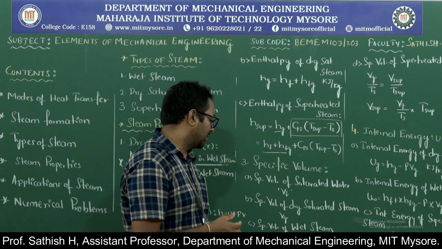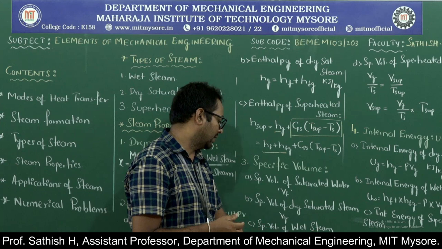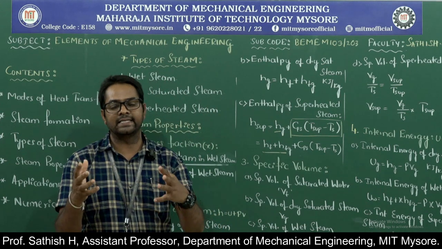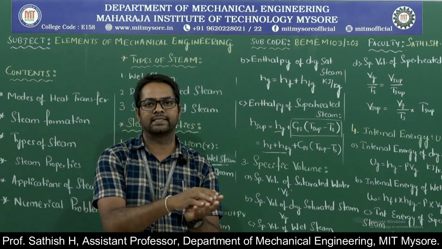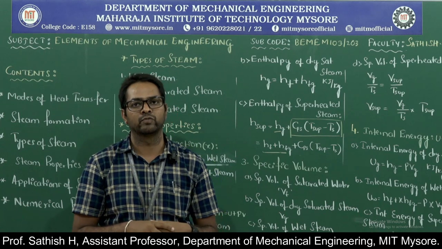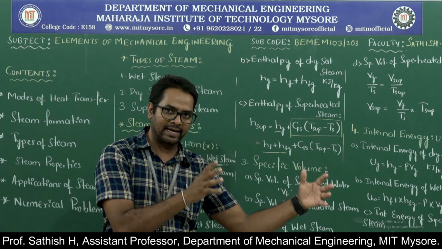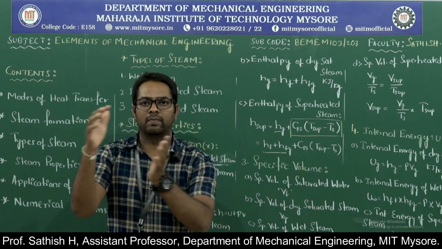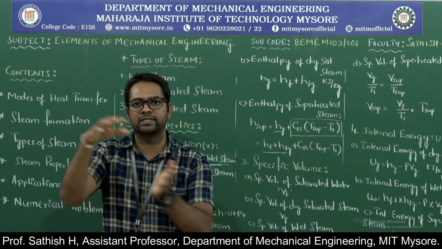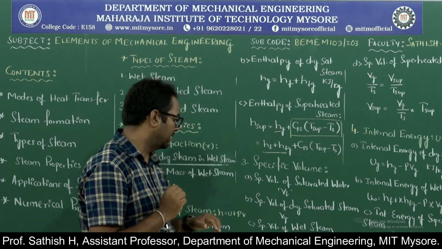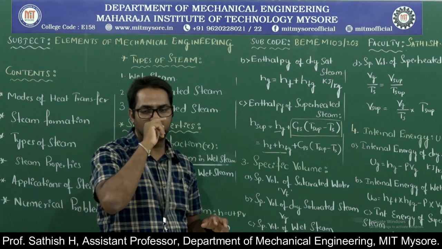And then we have the specific volume of wet steam. Wet steam is a mixture of steam and water molecules. So if you take the wet steam volume, you have the volume of the dry steam plus the volume of the water molecules. There are two parts in this.